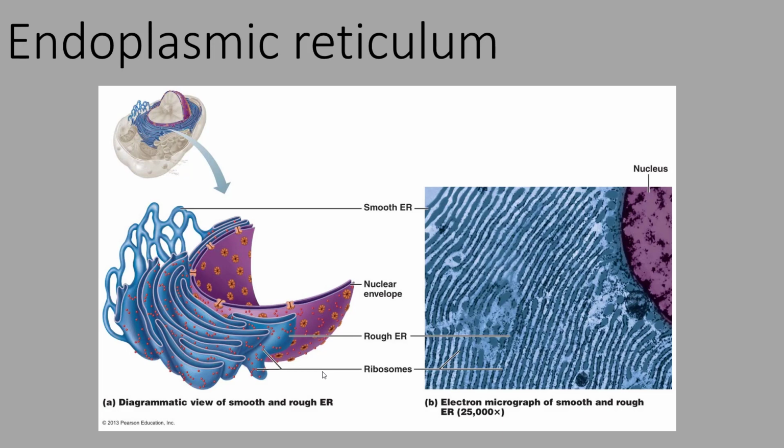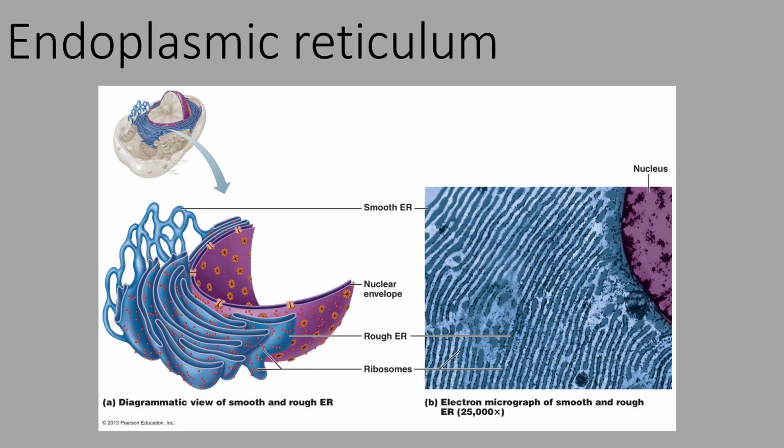The rough ER and the smooth ER, by the way, are both made of a phospholipid bilayer. Very, very similar, almost identical to the plasma membrane. Hold that thought also. We will come back to it.